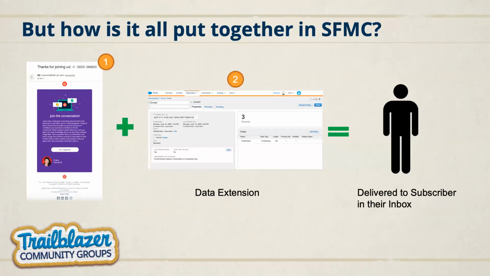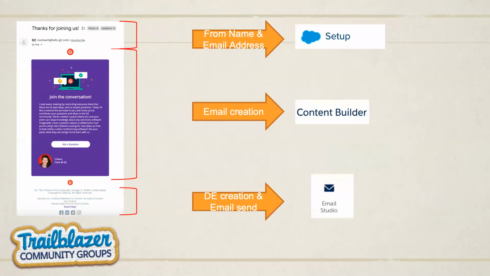But the whole point of this is that a marketer would have built all of these different components in different parts of Marketing Cloud. Marketing Cloud is such an advanced and massive platform that it's got different components, different apps and different studios and builders where you put different things together.